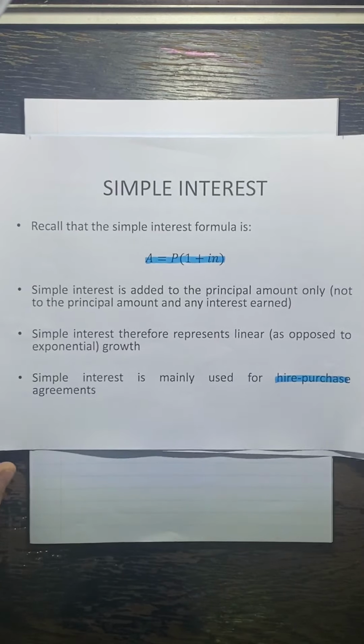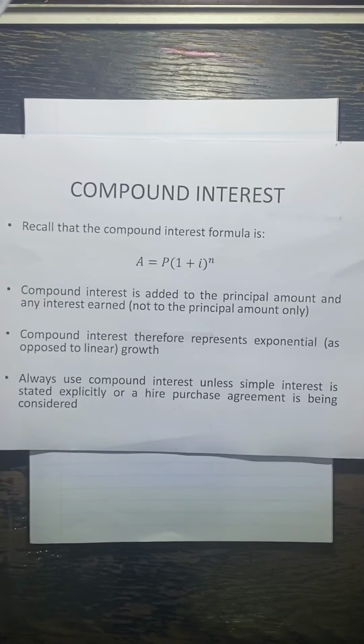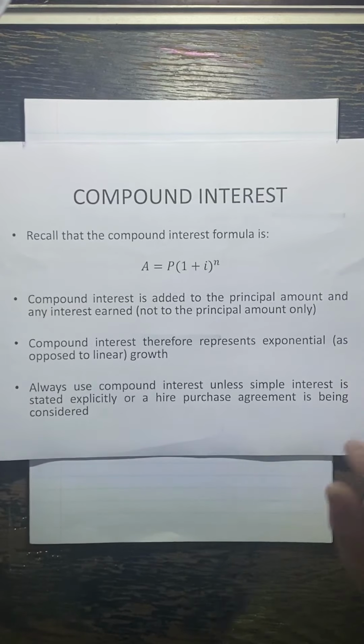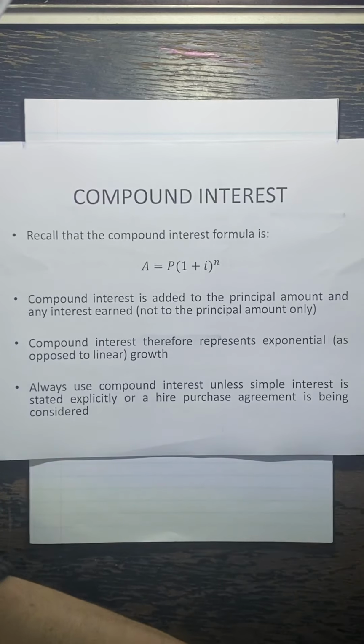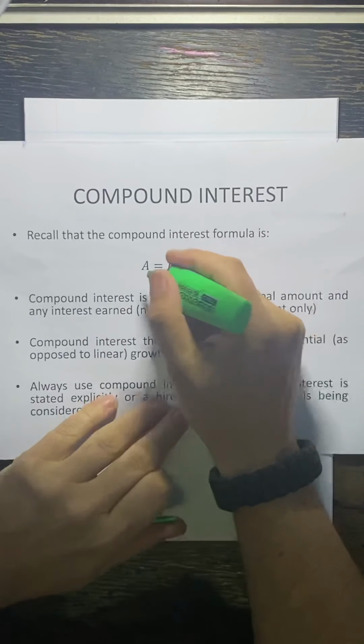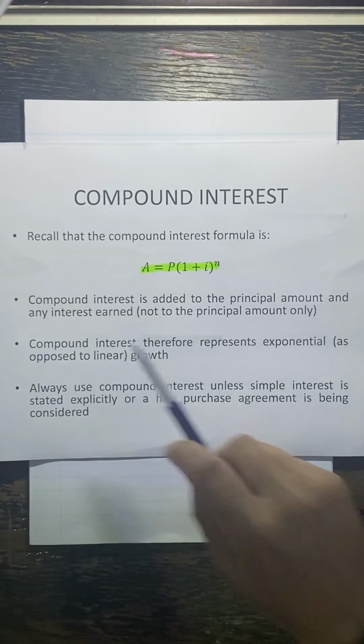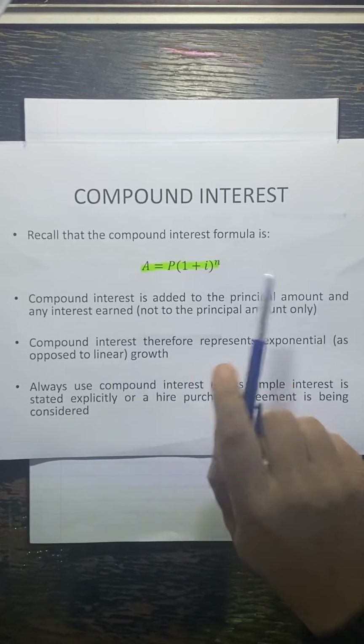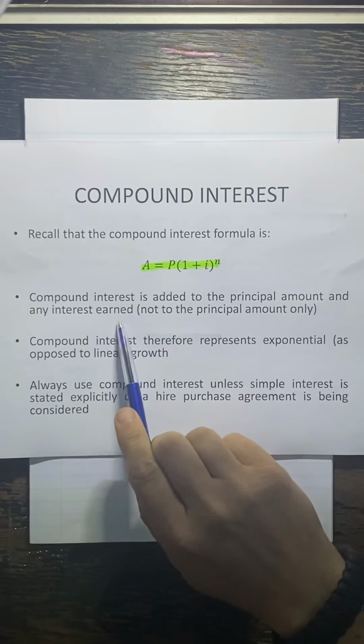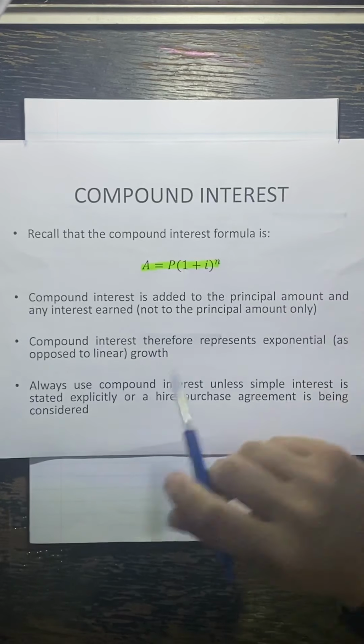Then we're going on to compound interest. Again, this formula will be given to you on your formula sheet. So for compound interest, this is your formula. Compound interest is added to the principal amount and interest earned. So you get interest on your interest.